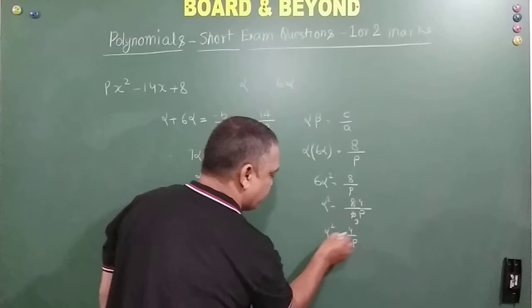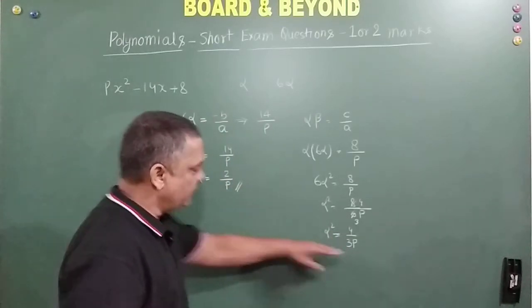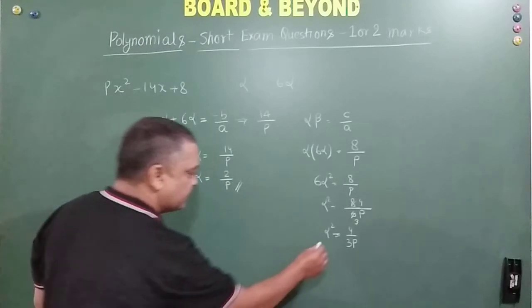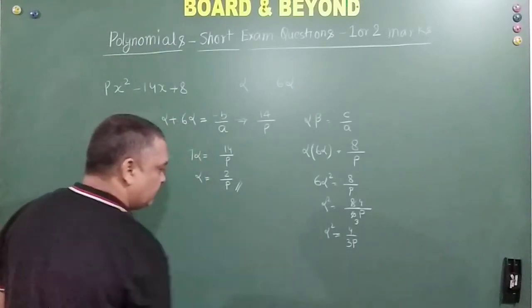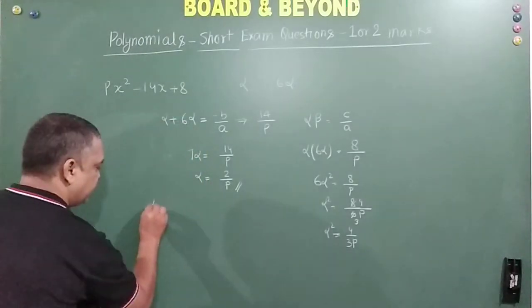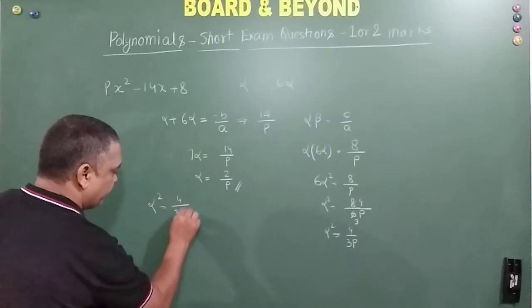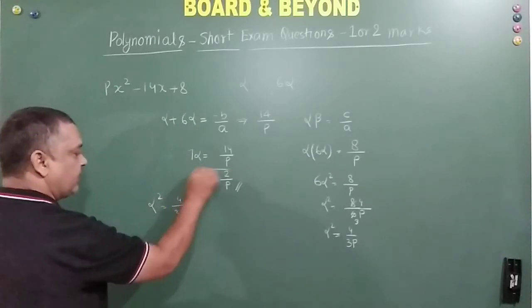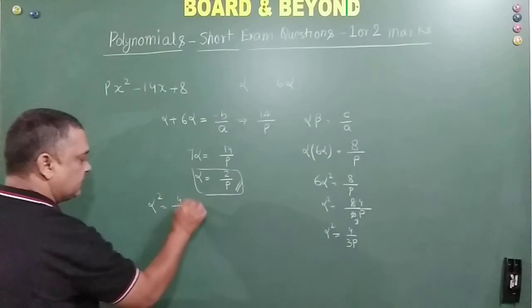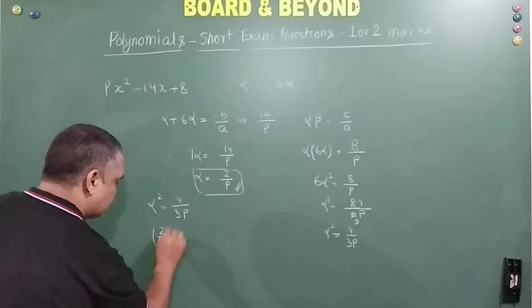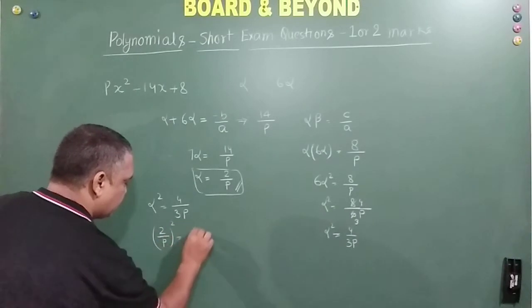So this is alpha square. Now we know alpha square and we know alpha, right? So alpha square is equal to 4 by 3p. Putting the value of alpha in this, what happens is 2 by p whole square is equal to 4 by 3p.